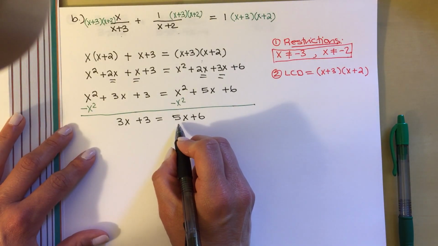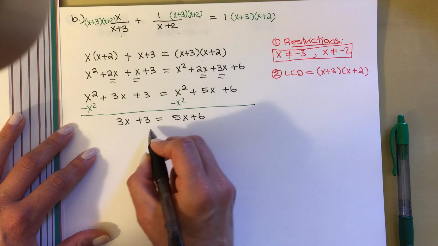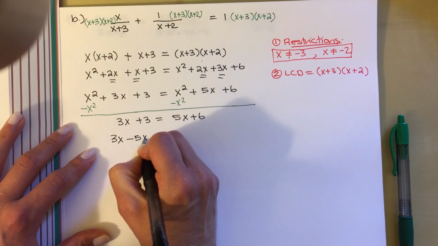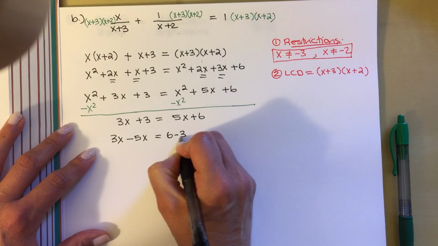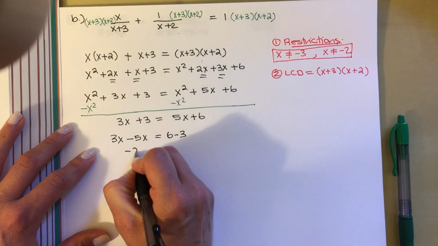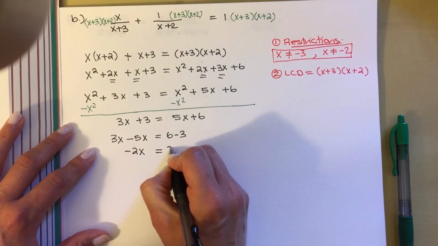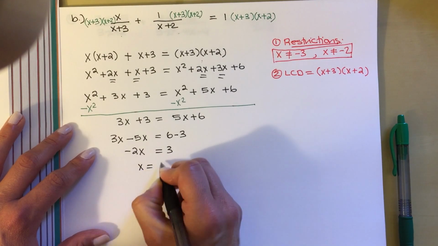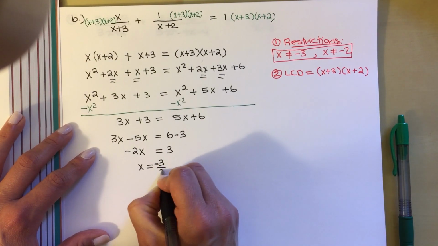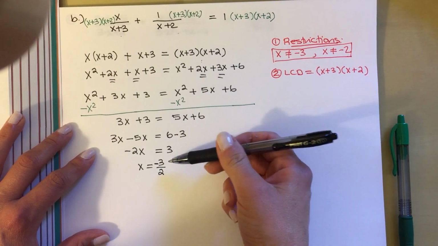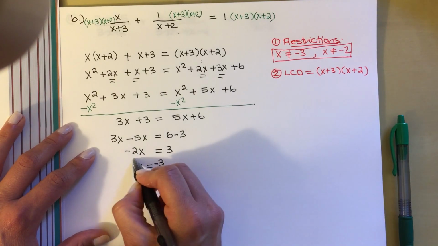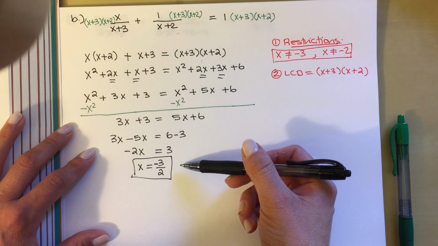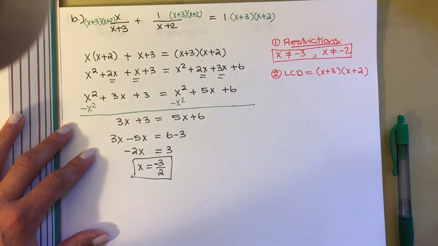I'm going to subtract 5x and also subtract 3. Combine like terms. Divide by -2. And we get that x is -3 over 2. This value is not a restricted value, so then it's okay for us and we can box it.